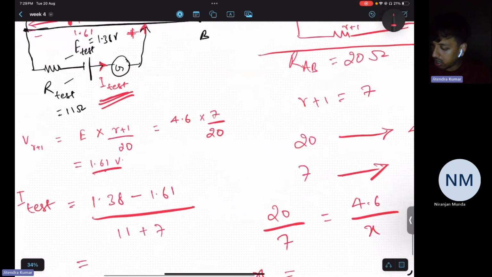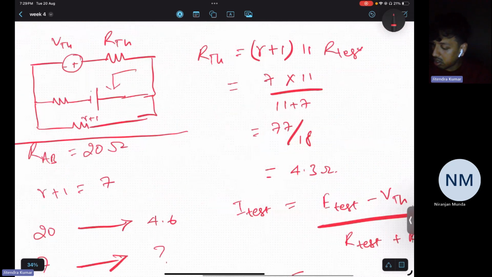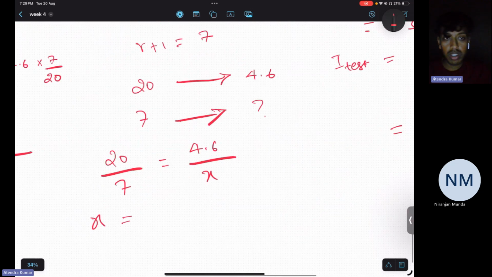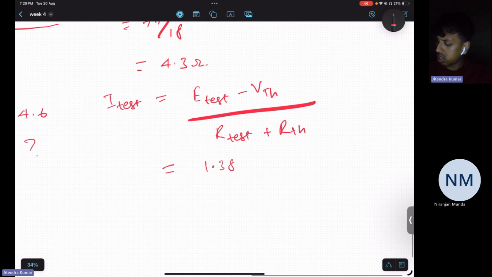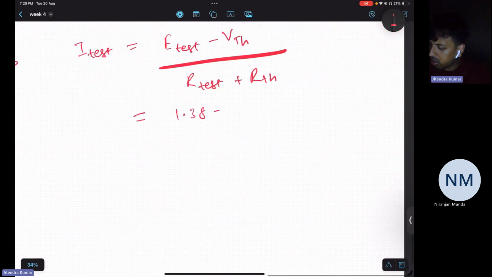So E test is 1.38 minus VTH we have calculated here, 1.61.